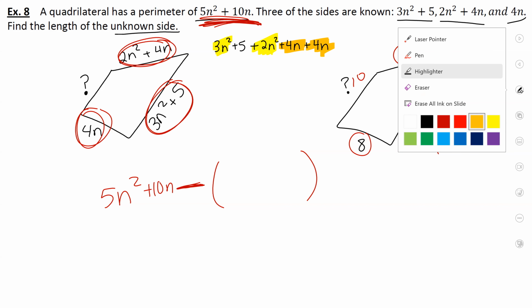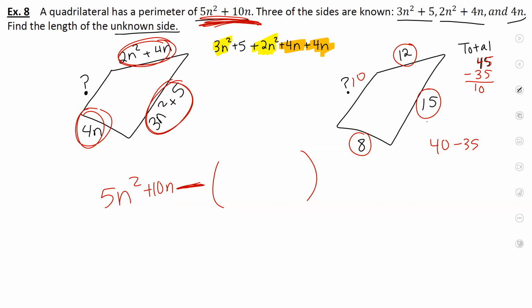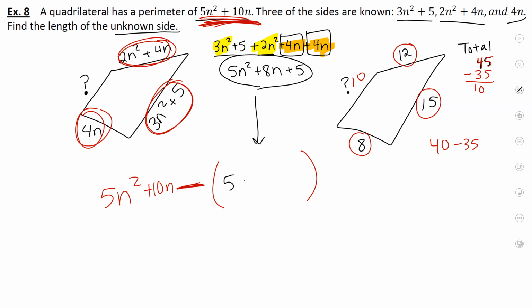Okay, those are my like terms. Let's go ahead and combine. This will become 5n squared. 4n and 4n will be 8n. And the 5 is by itself. So guys, we added up all the sides. Now we're going to subtract it from the total.